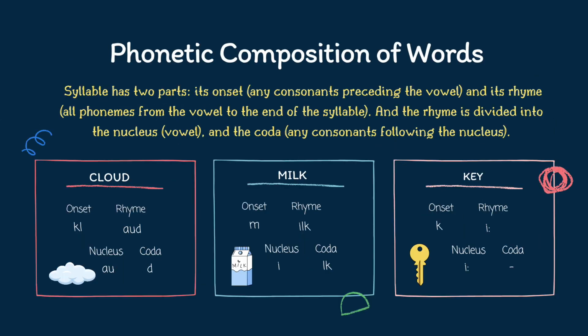The next topic is the phonetic composition of words. First of all, we have the syllable, which has two parts: its onset, any consonant preceding the vowel, and its rhyme, which is all the phonemes from the vowel to the end of the syllable. Then the rhyme divides in two, the nucleus and the coda. The nucleus is the vowel and the coda is any consonant following the nucleus.